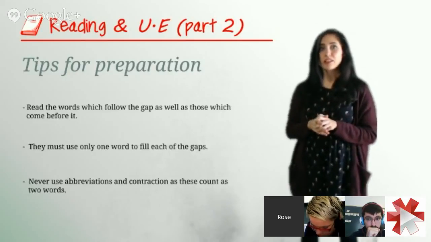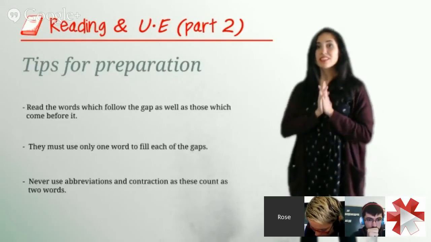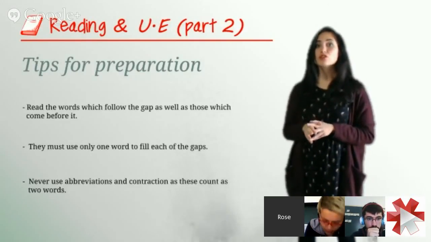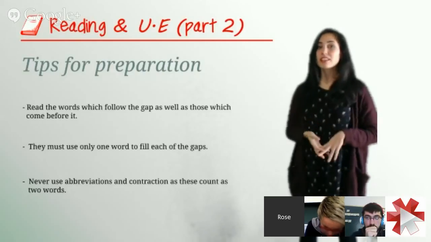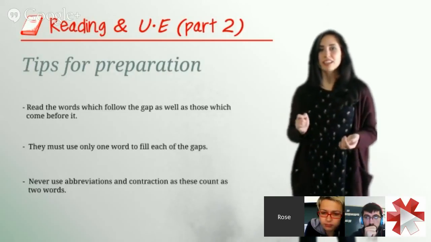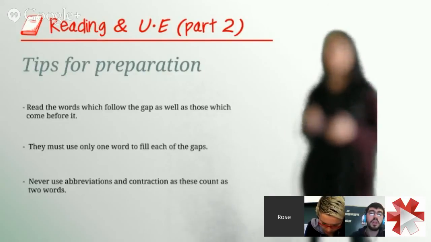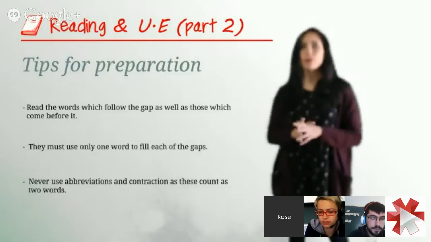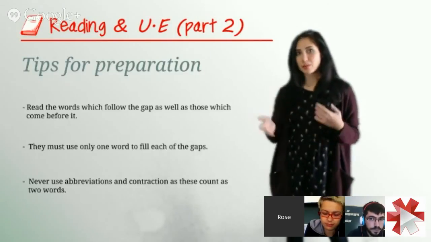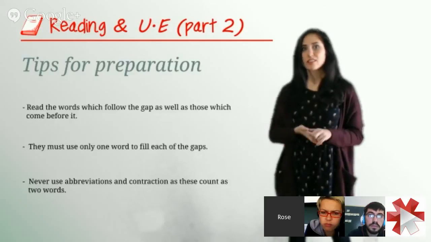Like I said before, you will only have to use one word, never more than one, and you should never use abbreviations. For example, if you put something, don't use "sth". I know you're not gonna do it, but never use abbreviations in English. Also, with the exception of "can't" instead of "cannot", you can use "can't".